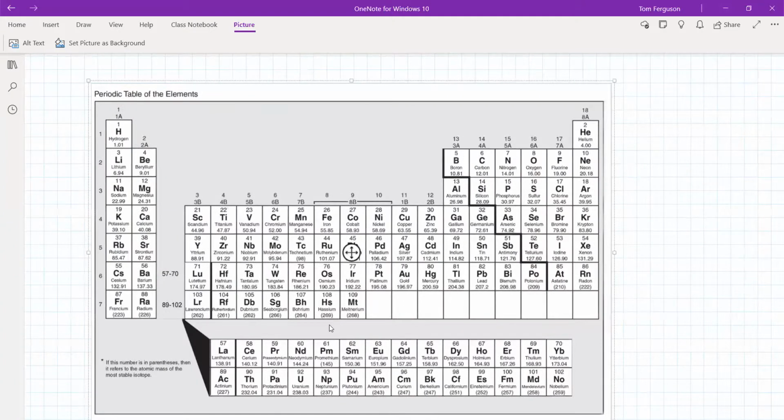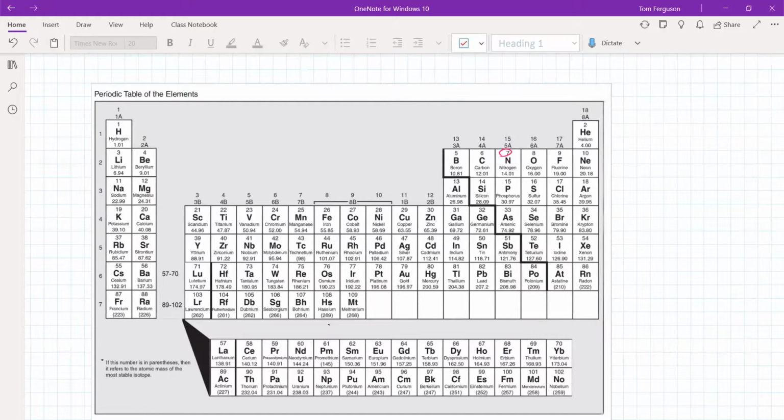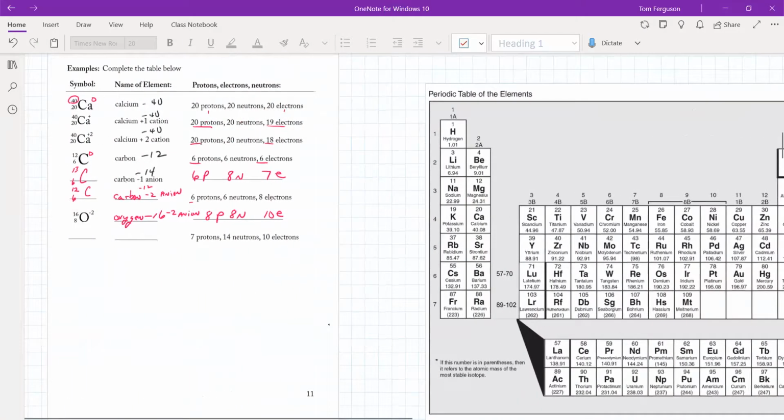That's going to be one over from carbon, nitrogen right here. The good news on this worksheet is I want you to go back and forth between these symbols and the periodic table, back and forth, so you get used to what those numbers mean.